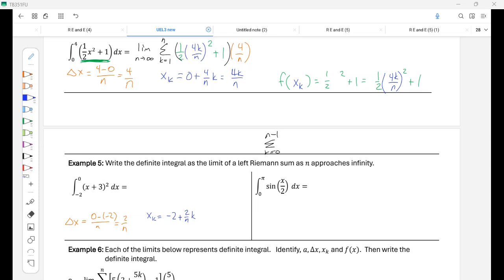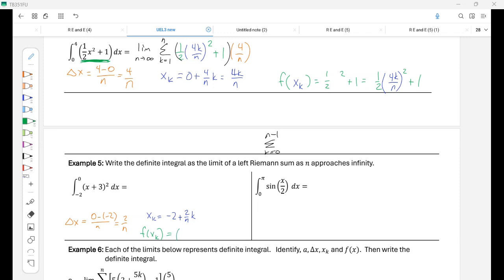There's nothing I could do to clean that up other than make it 2k in the numerator, right? So I'll do that in line with the next part. And now in green, I need my f of x sub k, which is really just taking x plus 3 squared and replacing the x with -2 plus 2k over n.